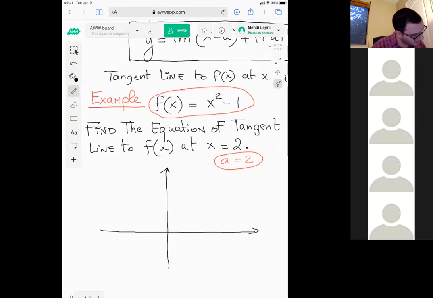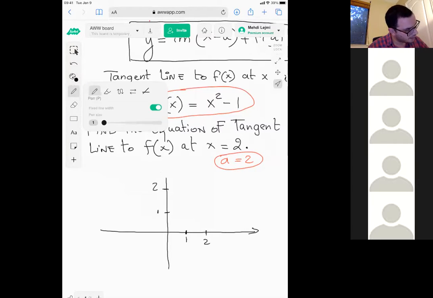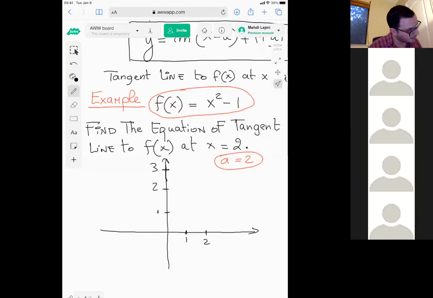So this is, let's say, 1, 2, 1, 2. And let's say I'm going to need 3, so here, let's say 3. All right, so here it's -1, this is -1, and here in the bottom it's -1.